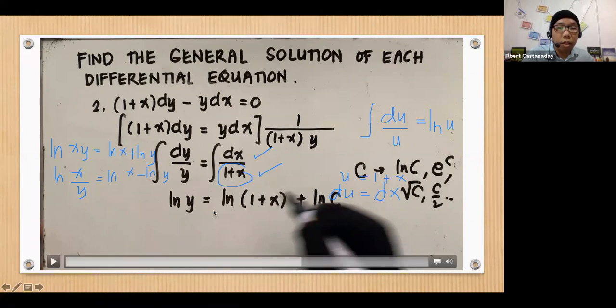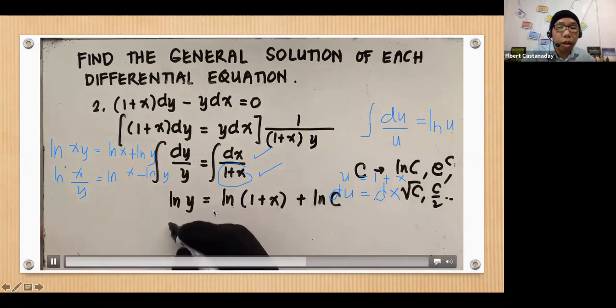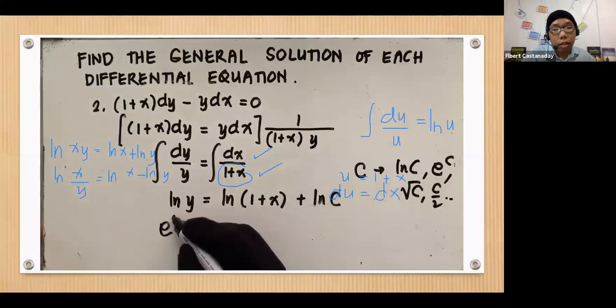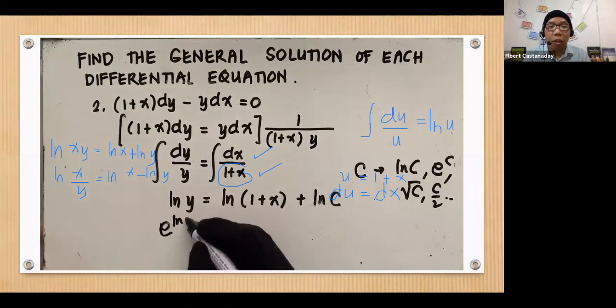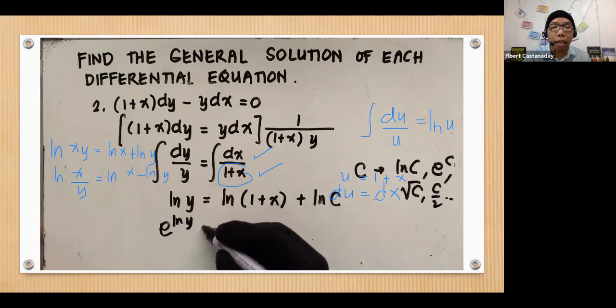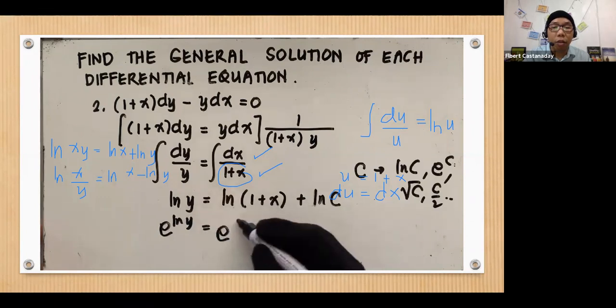Okay, so let's continue. Pwede natin gawin yung anti-ln. That's the purpose, para matanggal natin yung ln na function. So by doing anti-ln, this becomes e raised to, on both sides.